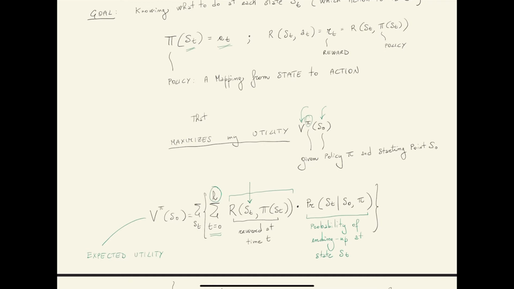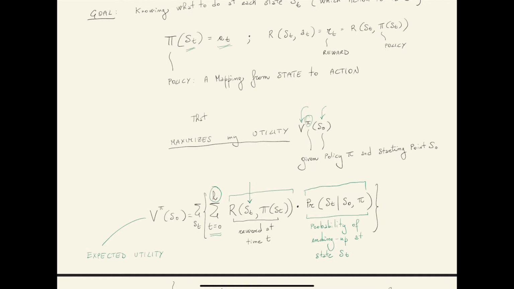And then this gets multiplied by the probability that you end up at time t at that precise state s t. So that's why you need to multiply the reward by the probability of being in that state s t, because maybe it's an impossible state to be in if you start from s0 and if you apply the policy pi.